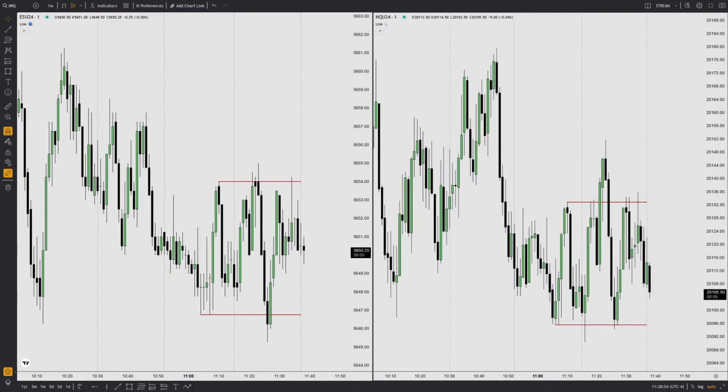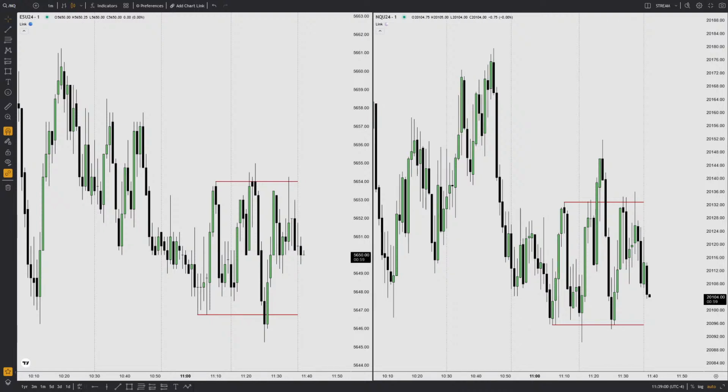If you look at the 5 minutes and the 15 minutes, we are still in a bearish order flow. So if you can provide me with an SMT on the highs, I would be more comfortable shorting.